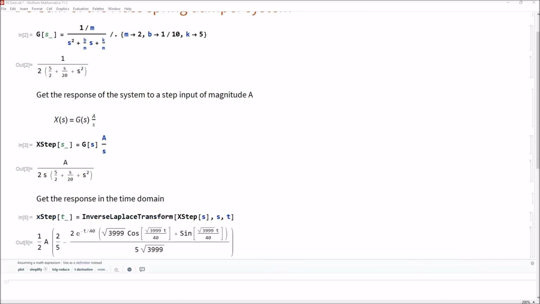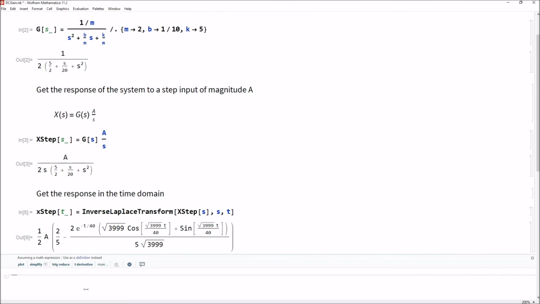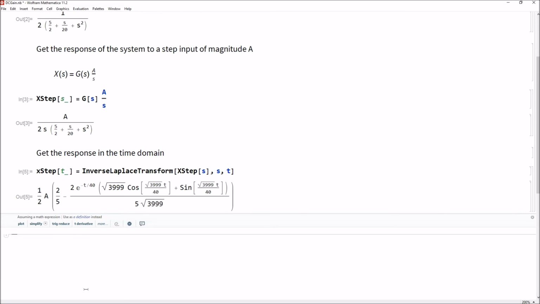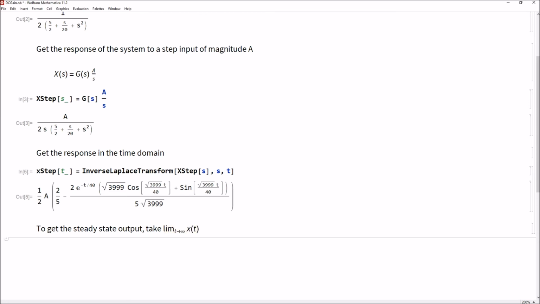Now we can take the limit of this as time goes to infinity to figure out the steady state value. To get the steady state output, take the limit as time goes to infinity of x of t. That's what we're looking for. This here is x steady state.